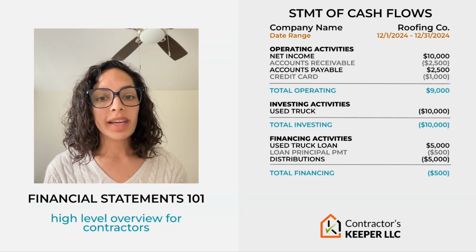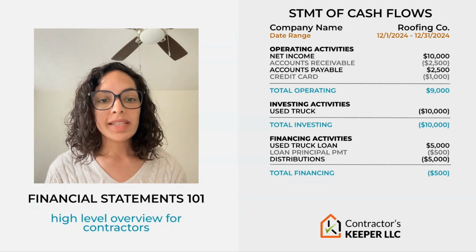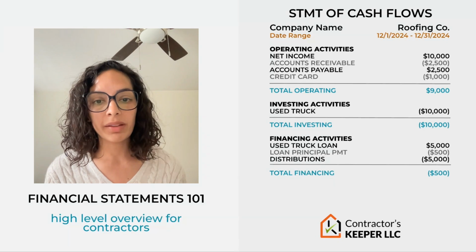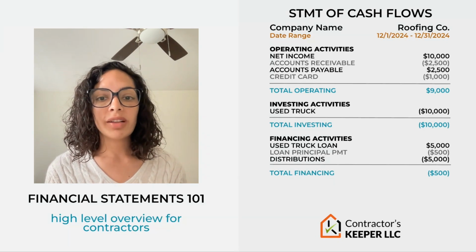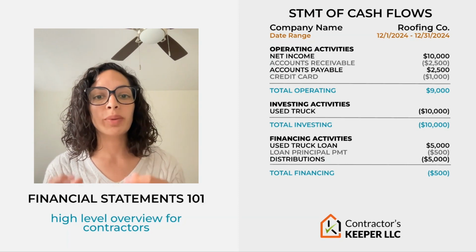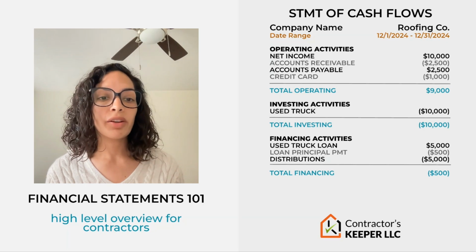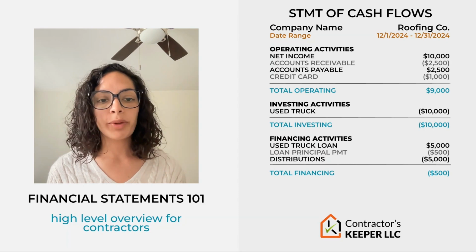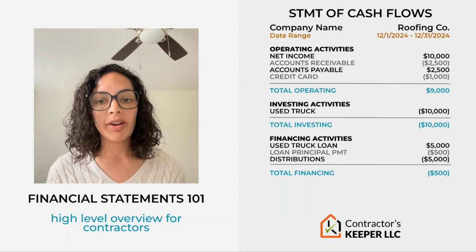For this particular used truck, we did spend $10,000 in cash, but $5,000 came from a loan. So we have a used truck loan, and that $5,000 added to our cash, which we used to pay for the truck. Then let's say we had another loan that we made payments on, and the total of the principal portion of that payment was $500. Then this decreases our cash.